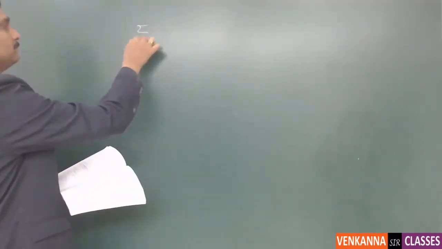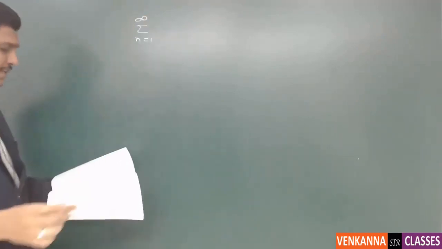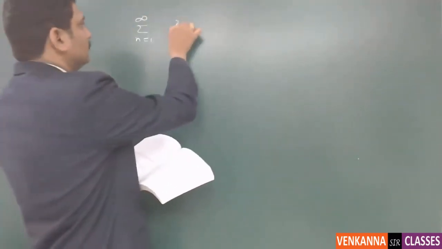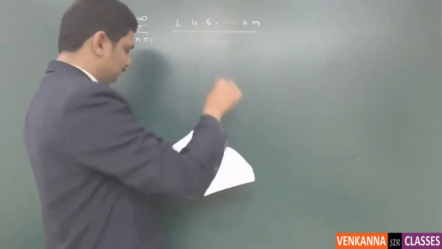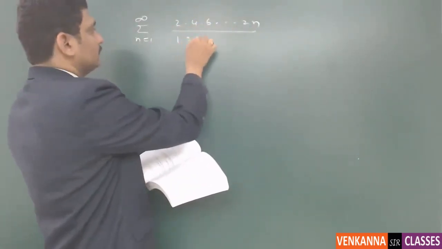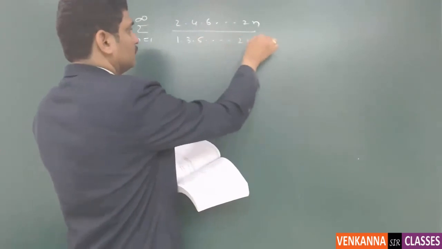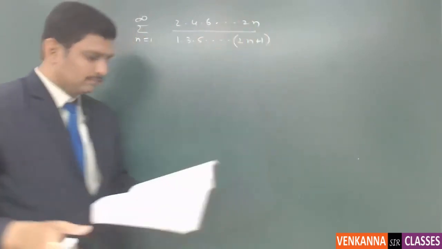So the next problem is summation n is equal to 1 to infinity 2 into 4 into 6 into so on to n by... this is the problem.